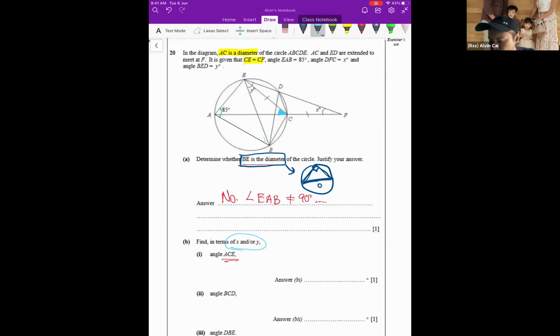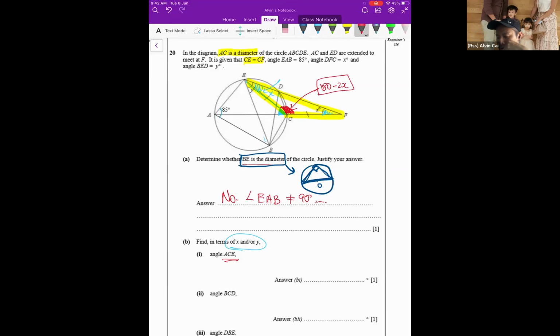Looking at this triangle, this is x over here, and this is x over here as well. So therefore this angle here is 180 minus 2x. Agree? This angle in red is 180 minus 2x.